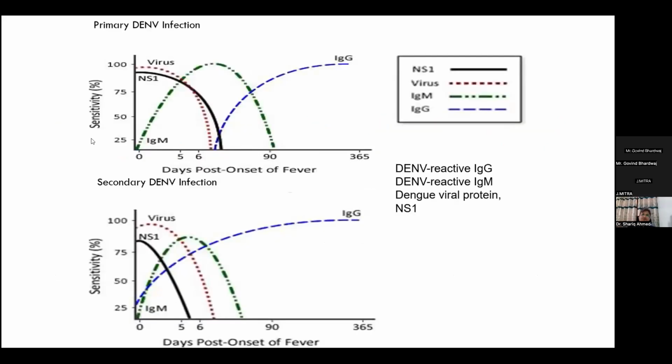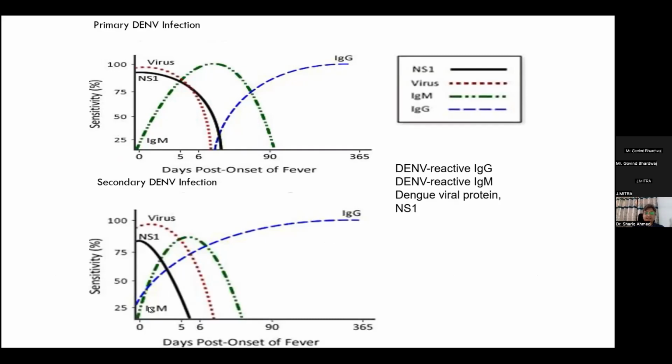This is a chart showing the viral load and the IgM and IgG in the primary infection and the secondary dengue infection. In primary infection, as you can see, the IgM rises rapidly after 5 days and remains positive up to 90 days. After 2 to 3 weeks, IgG starts to rise, and it can remain positive lifelong.